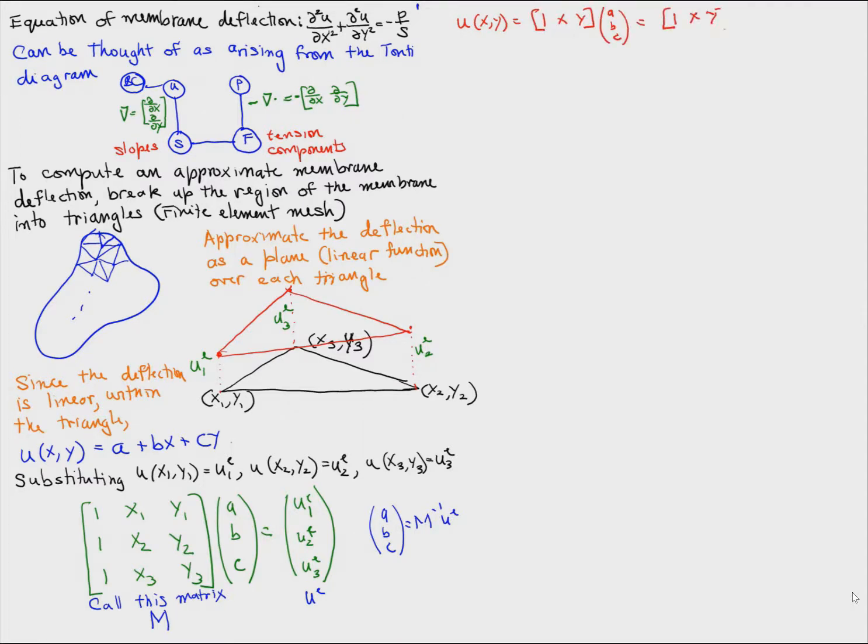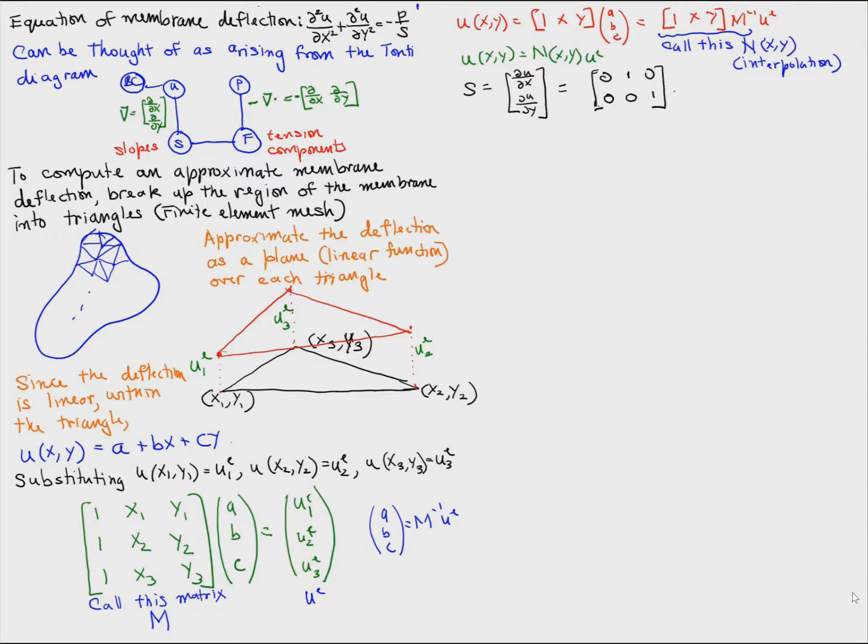So we get the coefficients a, b, c as M inverse u sub e. So the displacement function u of x,y is 1, x, y times the coefficients. And we can write it like this, and this matrix that multiplies, a 1 by 3 matrix, we call the interpolation matrix N of x,y.